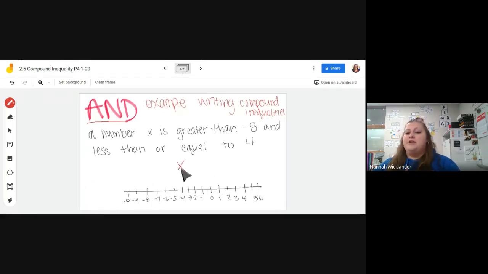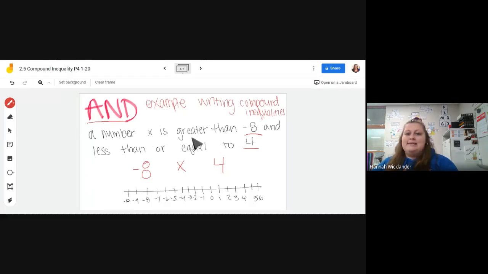So what I like to do is start by putting the letter in the middle, and then I'll work on each side. Since my two numbers are -8 and 4, I'm going to put -8 on this side because it's smaller than 4, and then I'm going to put 4 on this side. I like to put my letter, then my two numbers, and then put the signs in.